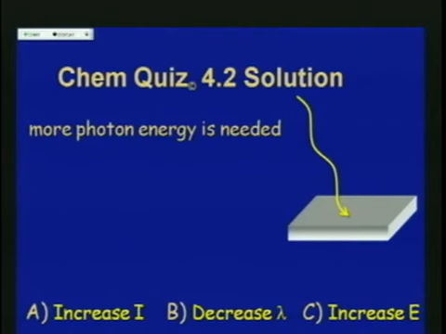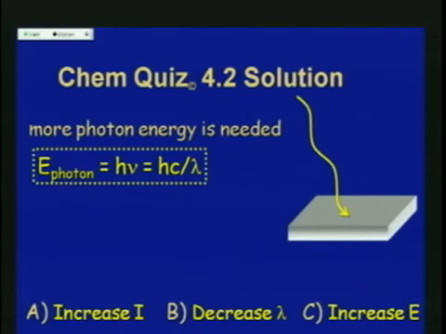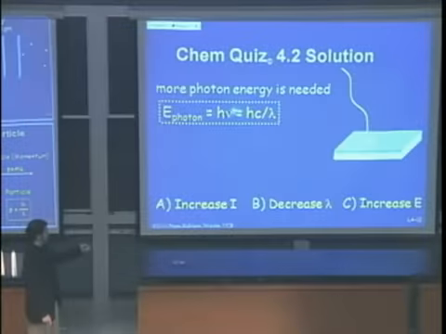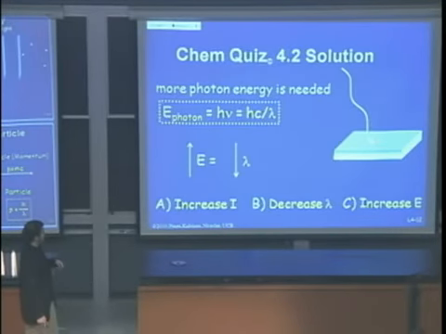Well, we got to have more energy to kick off the electron, right? Remember the well? If we don't have enough energy in our photon, it's not going to get removed. So we have to give it more energy. We know that the energy of our photon is h nu, and we remember from the earlier slide that nu times lambda is the constant speed of light, so c over lambda is nu. So we can see that energy goes up, wavelength goes down.